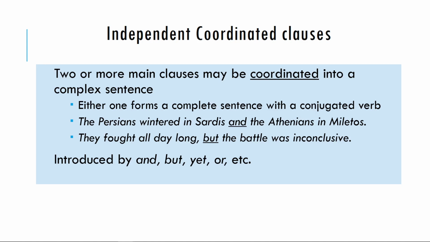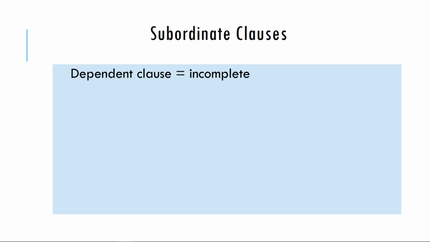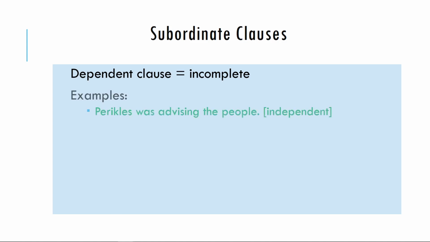Now we're going to start talking about subordination. That is, clauses that do not make a proper sentence by themselves. They are dependent on the main clause. So, for example, it's an independent clause if you say Pericles was advising the people. That's a perfectly good independent sentence.